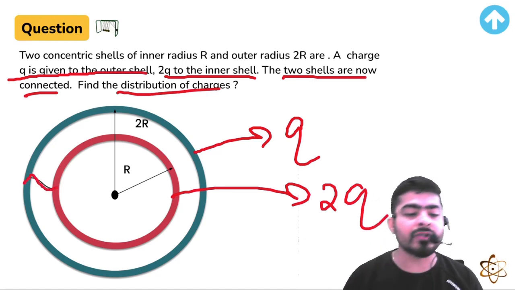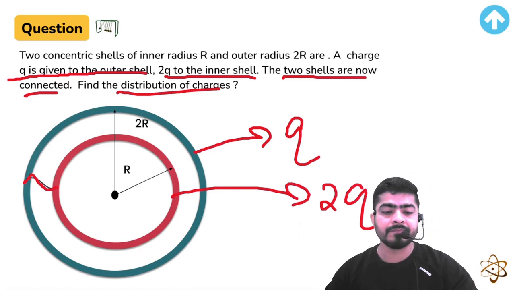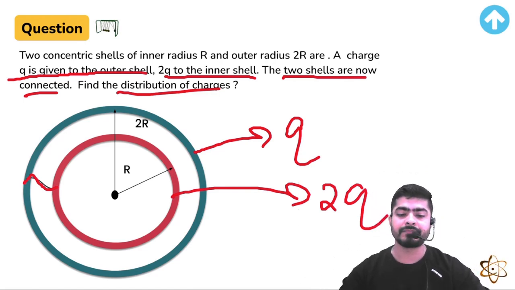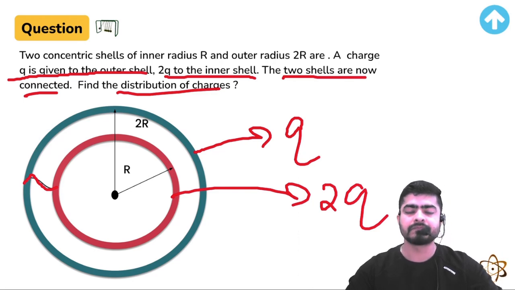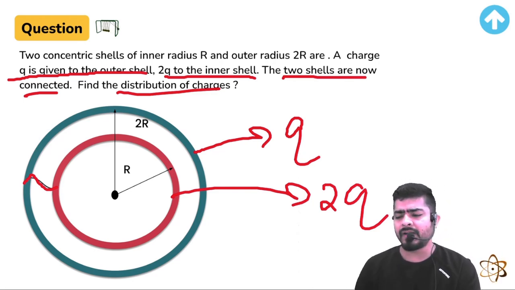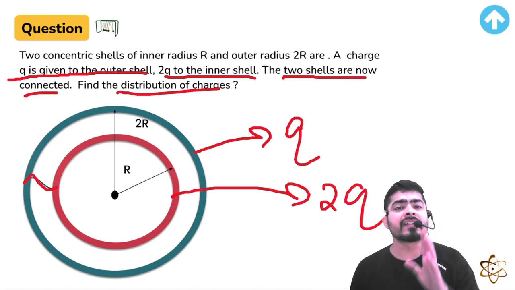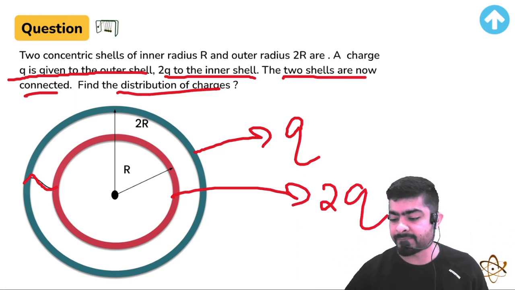When you connect the two shells, what would be the charge distribution in this case? Not so difficult. Think over this. Give me the answer for charge distribution before connecting the two shells and after connecting the two shells.